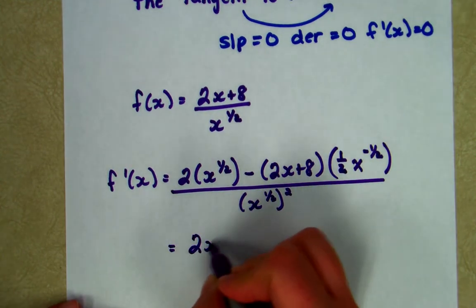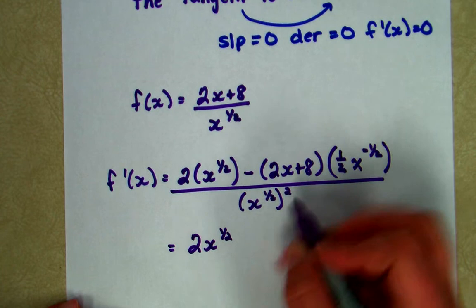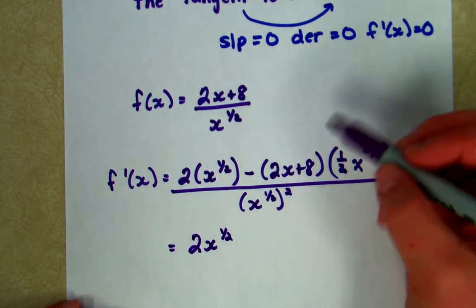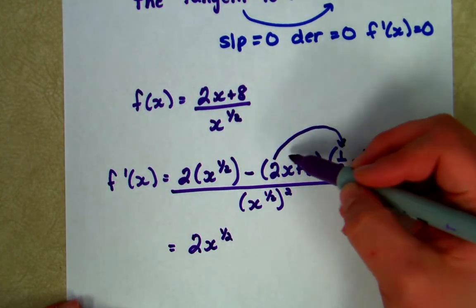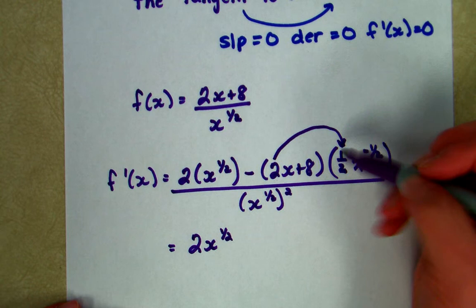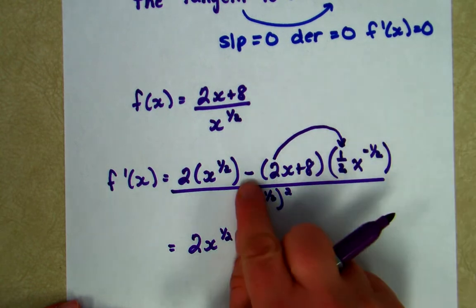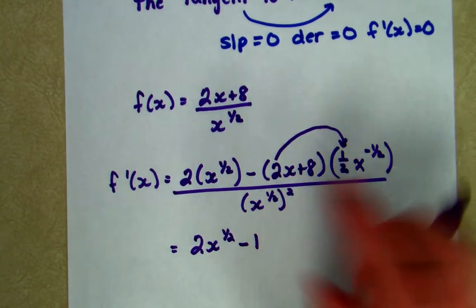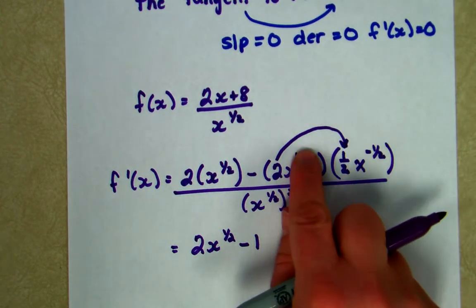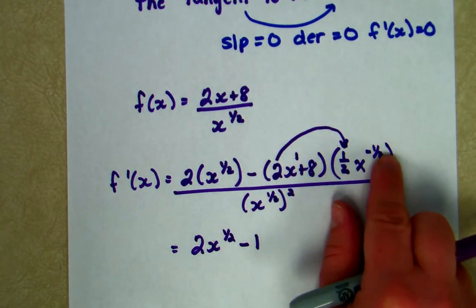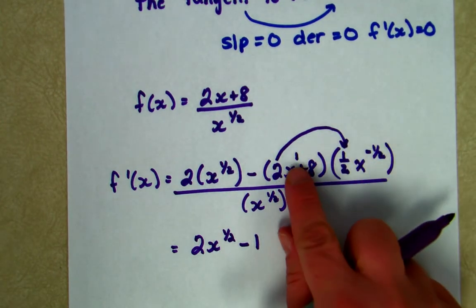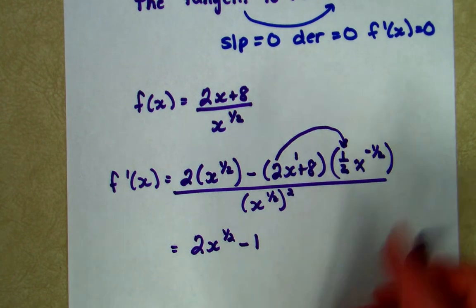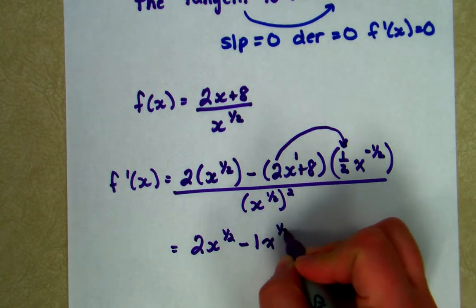So that's going to give me 2x to the 1/2. And now I'm going to multiply this through very carefully. 2 times 1/2 is 1, and because of the negative in front, it's going to be negative 1. Then I add exponents. I have x to the 1 times x to the negative 1/2, so I do 1 plus negative 1/2, and that's going to be x to the 1/2.